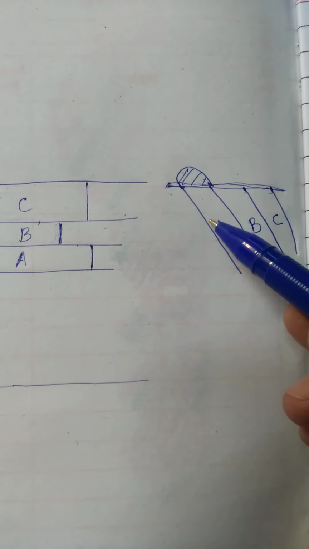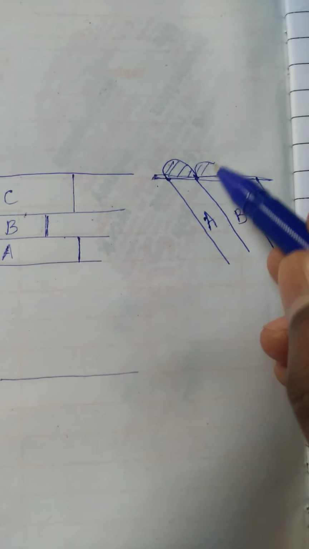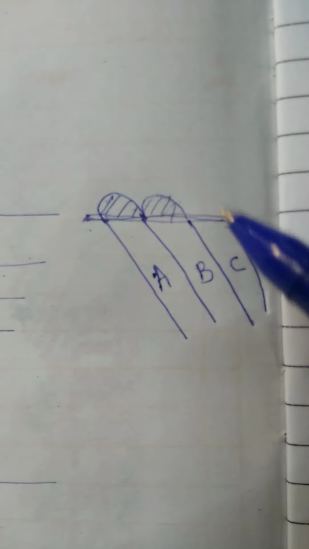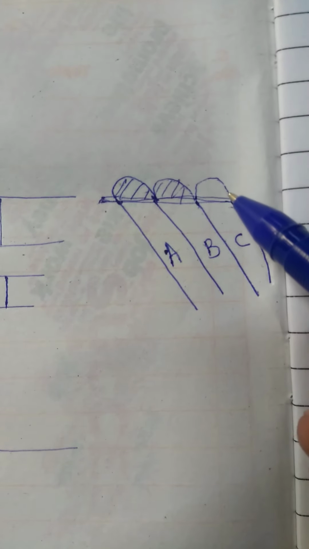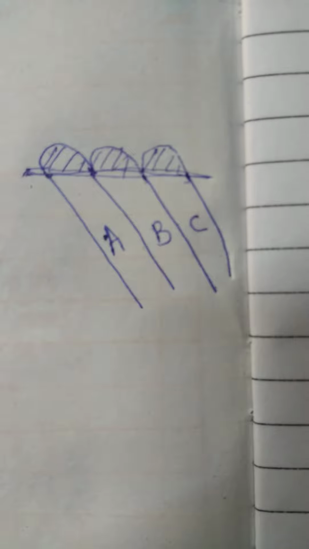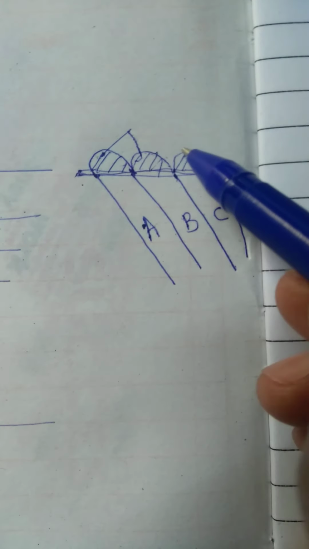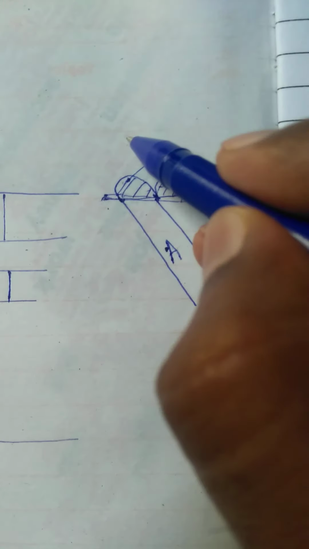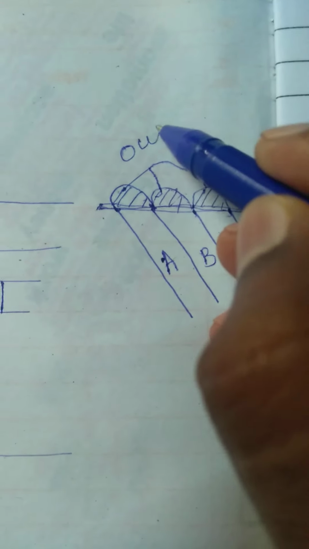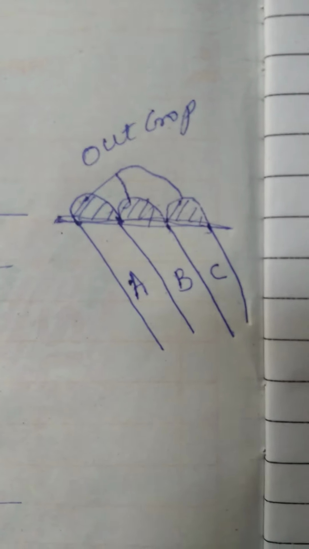This is the outcrop for A bed, this is the outcrop of B bed, and this is the outcrop of C bed. So this is the outcrop.